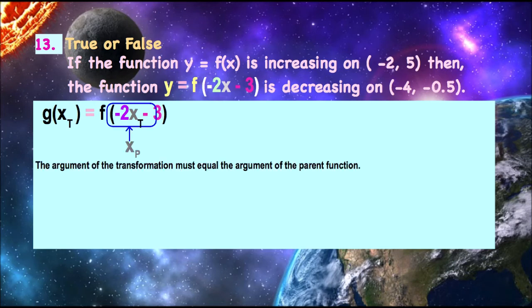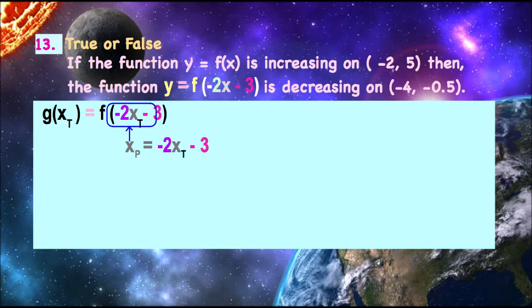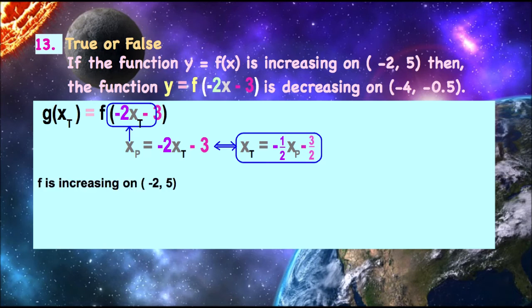The argument of the transformation must equal the argument of the parent function. x parent is equal to -2x transformation minus 3. Equivalent to x transformation equals -1/2 x parent minus 3/2.